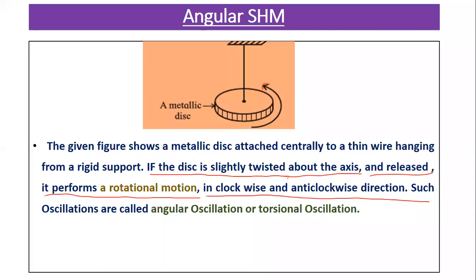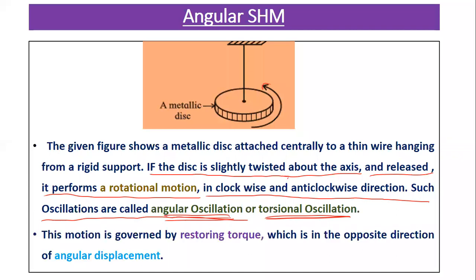Such oscillations are called angular oscillations, and such type of motion is angular oscillation. It is also called torsional oscillation. This motion is governed by a restoring torque.